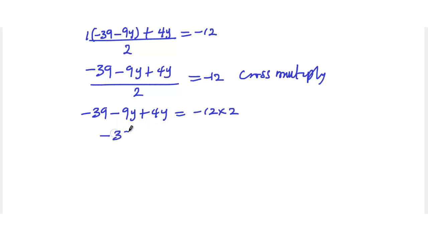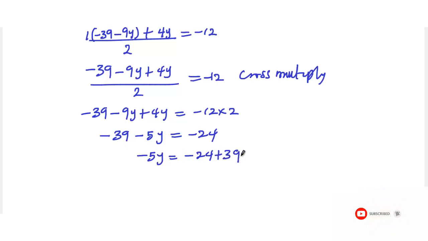So we have minus 39 minus 5y is equal to minus 12 times 2, that is minus 24. So what we do is collect like terms. We have minus 5y is equal to minus 24. Minus 39 coming here will be plus 39. So minus 24 plus 39 will give us 15.